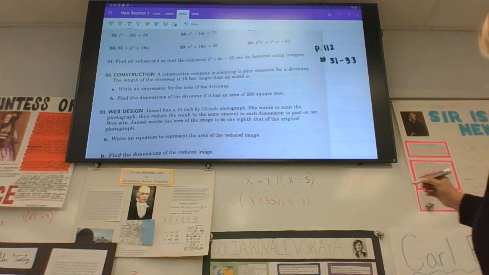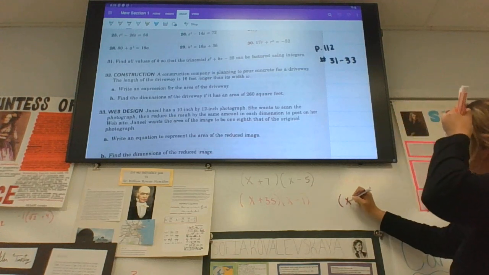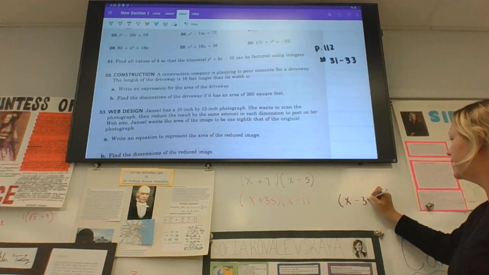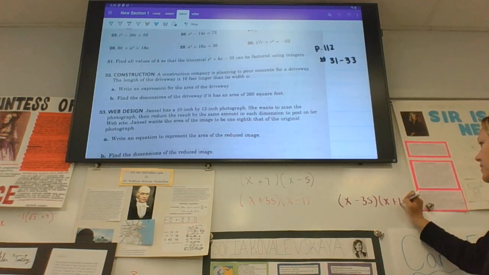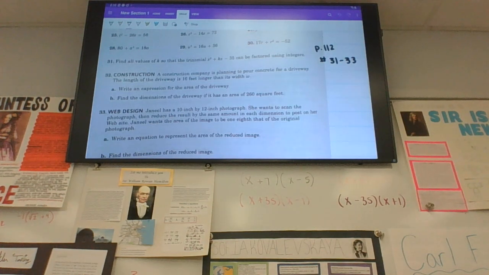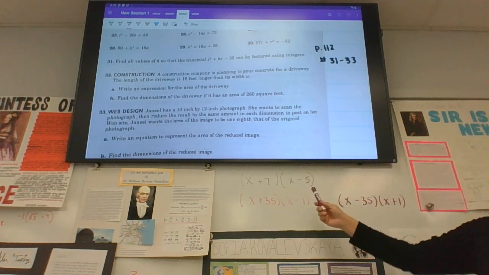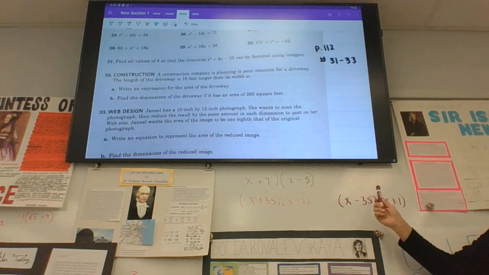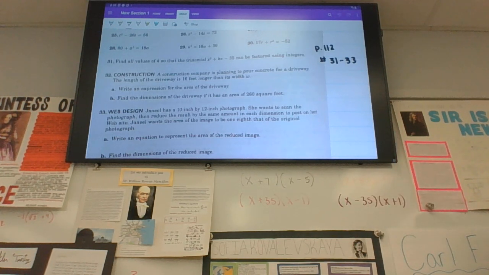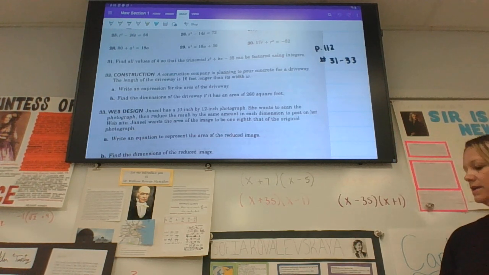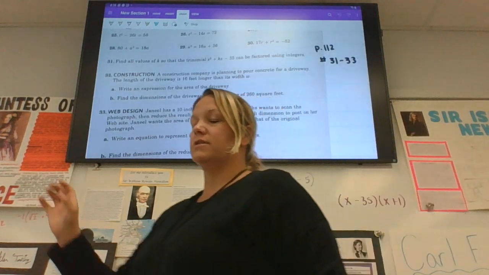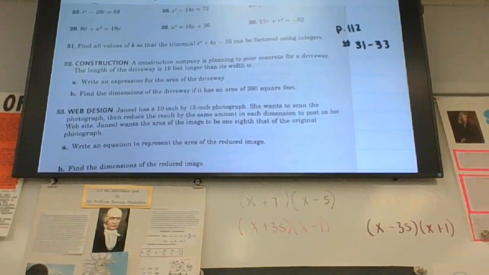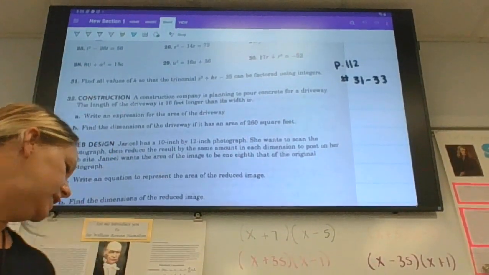And so the other option is x minus 35 and x plus 1. So these are different factored forms of possibilities of a quadratic that starts with x squared and ends in a -35. So if we FOIL all 4 of those, we'll figure out what k is.